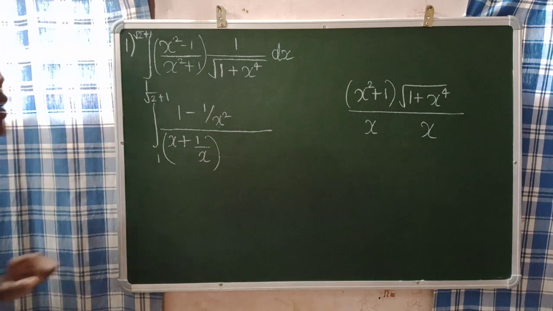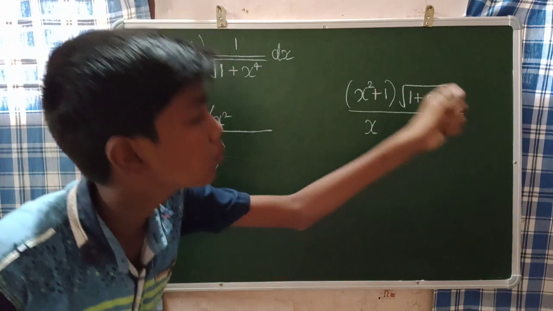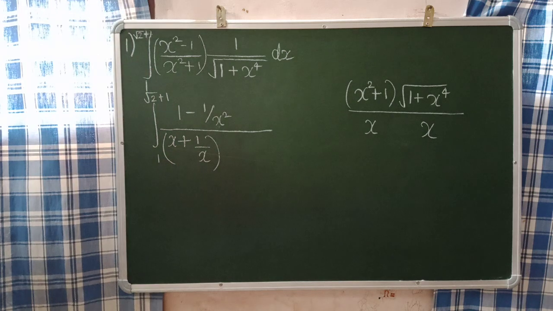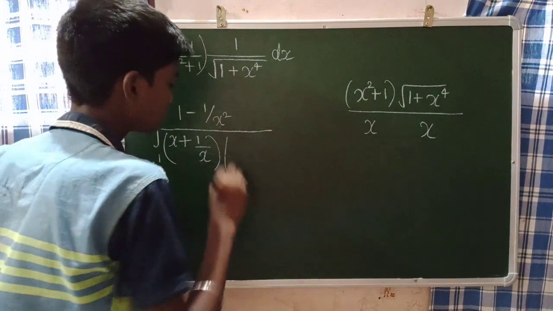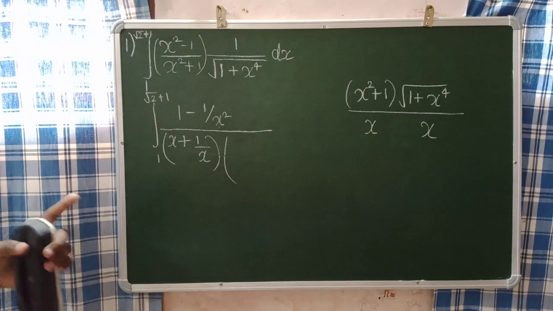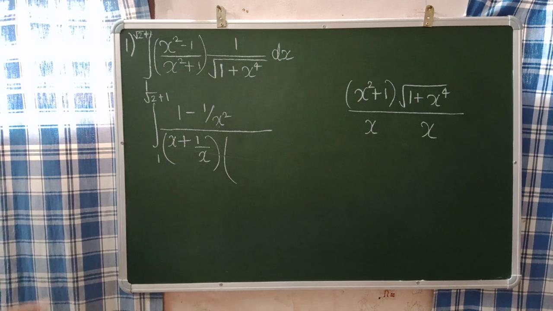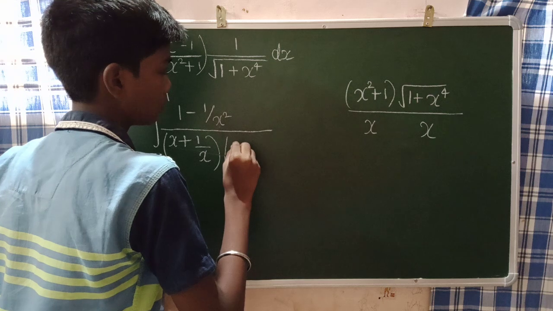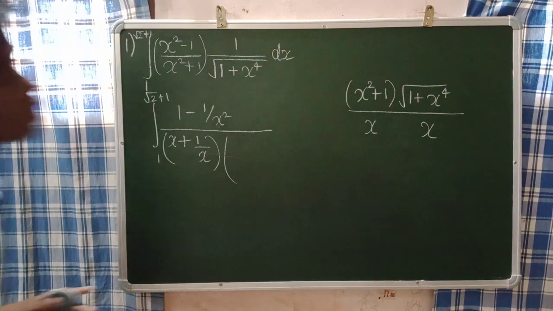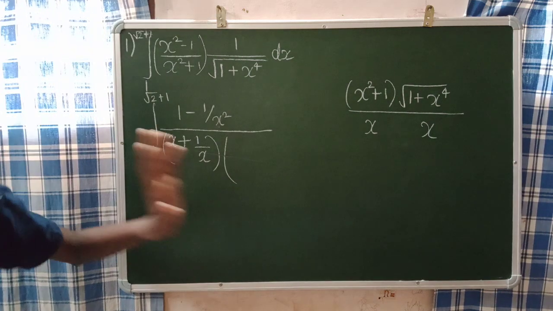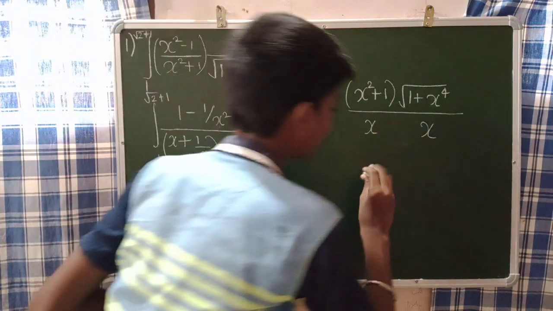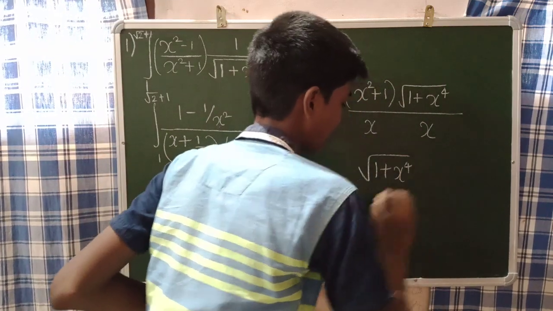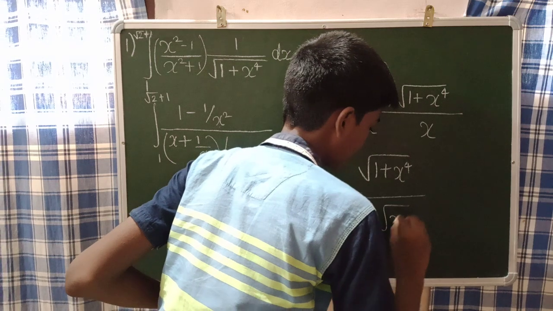Now, if you need to do root of 1 plus x power 4 divided by x, what is that? It is very simple, guys. You can write it as root of 1 plus x power 4 divided by root of x square. Correct na?